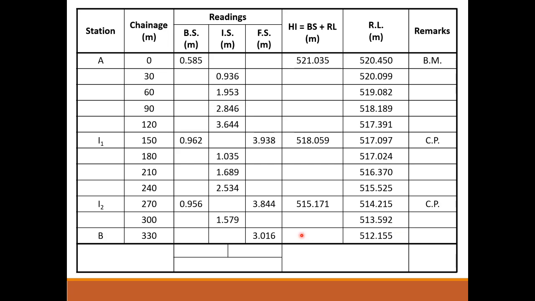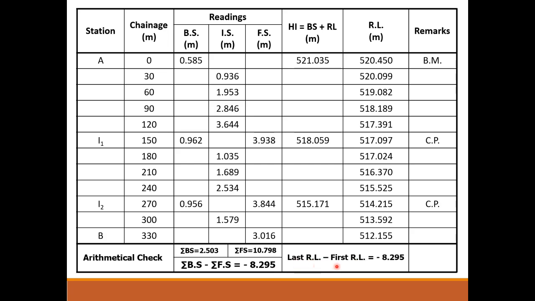Now arithmetic check must be applied to check our calculations, whether we encounter some error or not. So the summation of backsight readings is 2.503, summation of foresight readings is equal to 10.793, taking the difference of the both, and we get the value of minus 8.295.